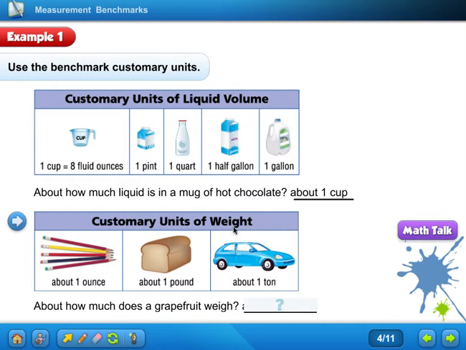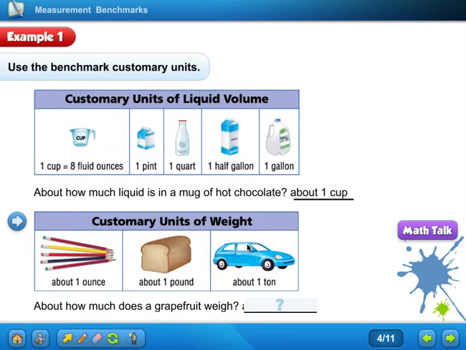Now we're going to do weights, how much something weighs. So 1 ounce is about a pencil. A pound of bread, about a loaf of bread is about a pound. So a whole loaf that you get at the grocery store would be about a pound. A ton, 1 ton, is about a small car.